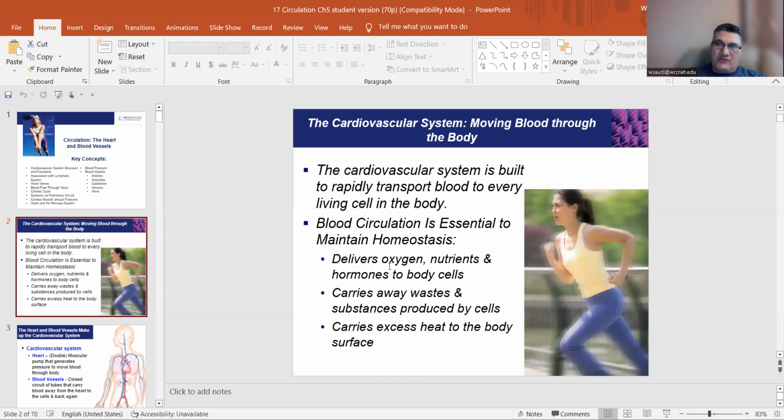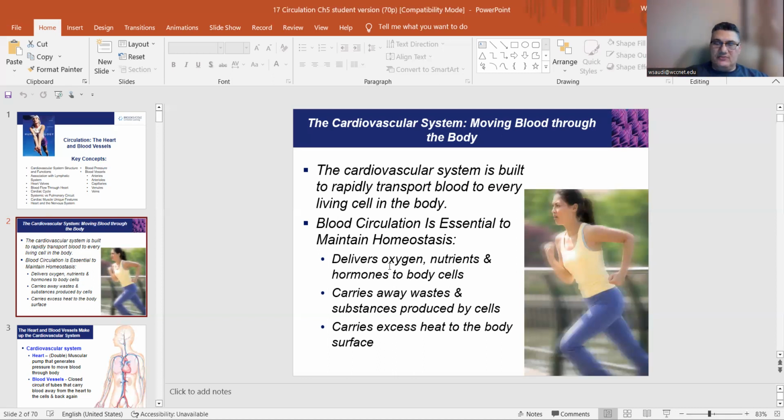You're carrying the good stuff to the cells. What do you need, cells? I need oxygen. I need nutrients. I'm going to use the oxygen to burn the nutrients and get energy out of it. Without energy, cells die. Simple. You have to have nutrients and you have to have oxygen. Blood will do that for you, running within the circulatory system or cardiovascular system.